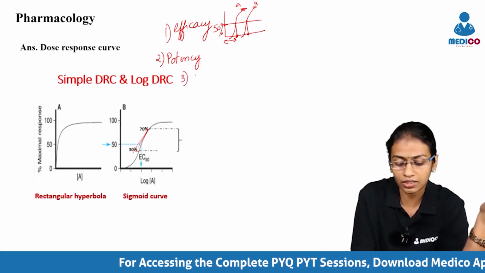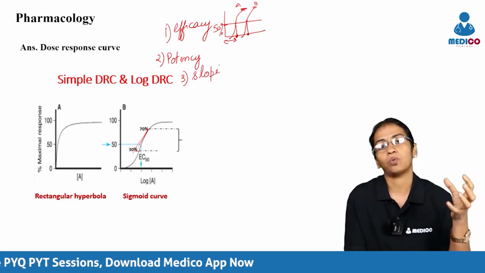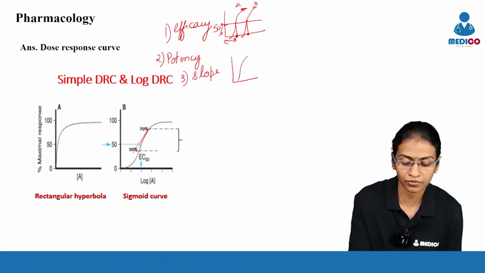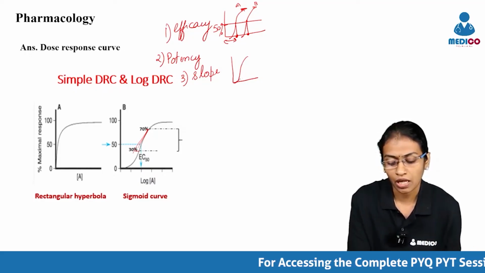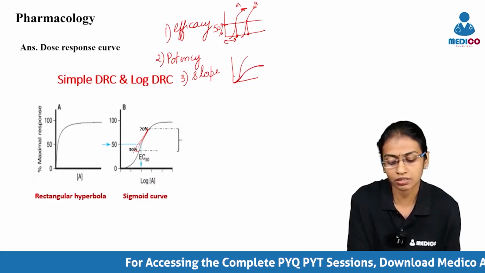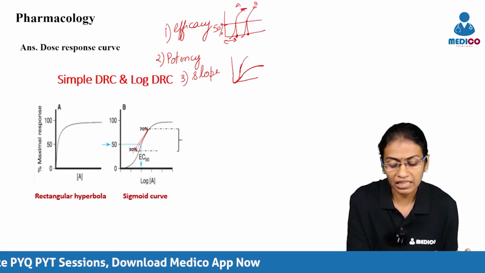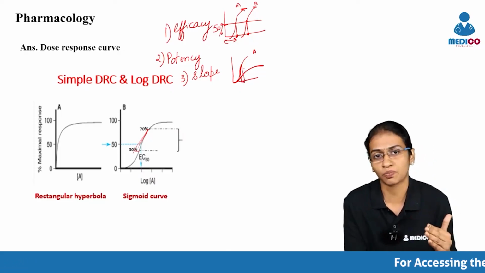The third thing that we can get from this is the slope of the DRC. What is meant by the slope? What does the slope indicate? If you have two drugs, for example, furosemide, the DRC is like this. Furosemide is a loop diuretic. Hydrochlorothiazide, the slope is like this. So if you see here, even a small increase in dose gives a wide variation in the response.